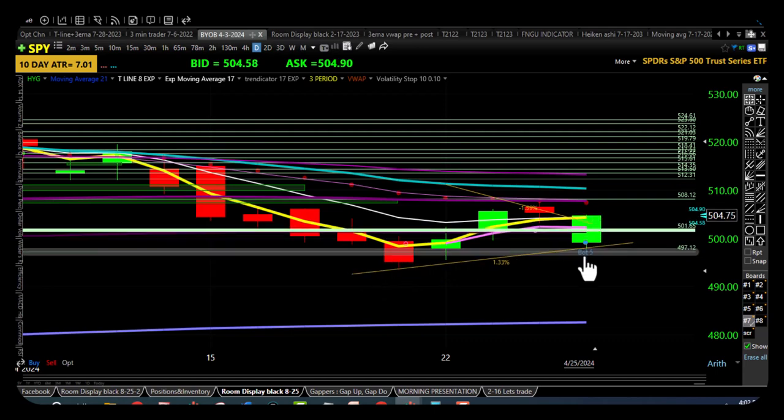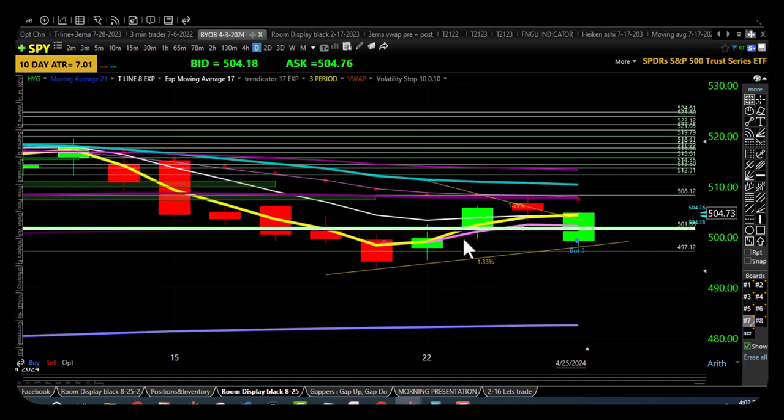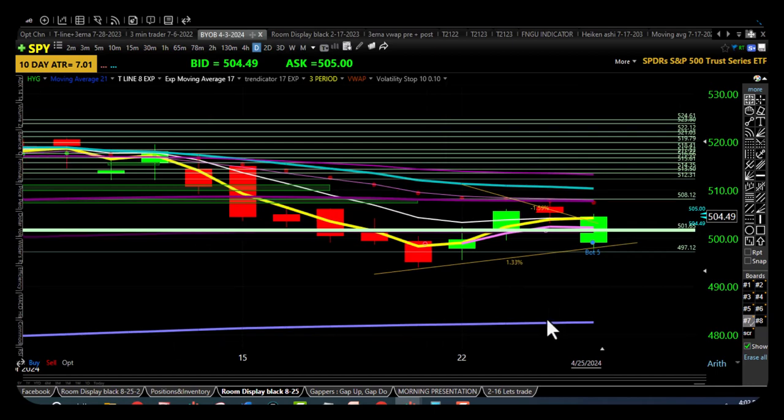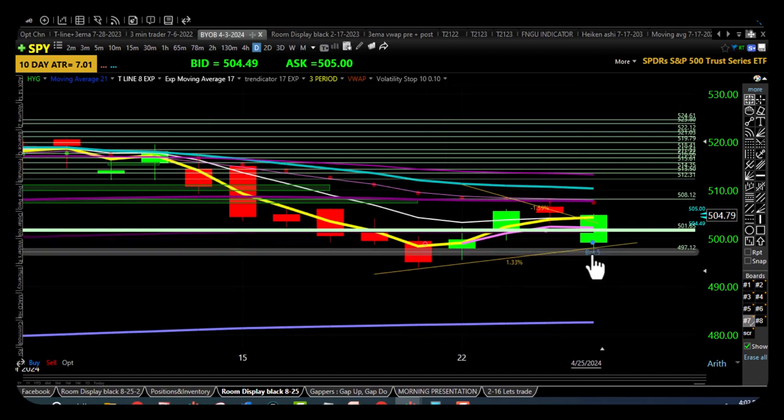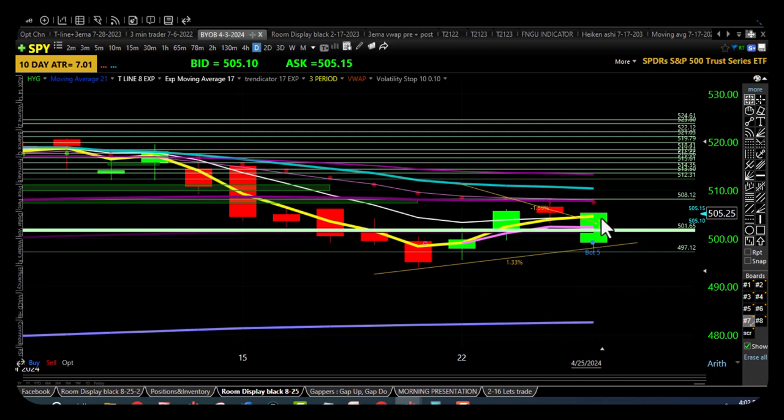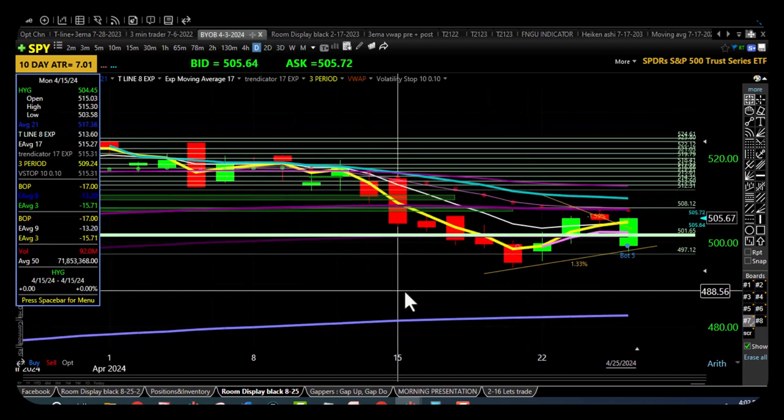Lower high, lower low, closing over the bullish cross but underneath the 17 EMA on SPY. So there's the daily chart: lower high, lower low, closing over the bullish cross and under the 17 EMA. Still in a downtrend.